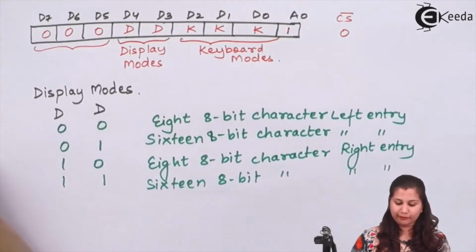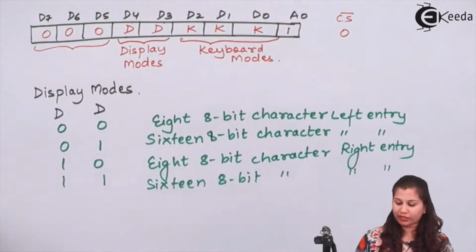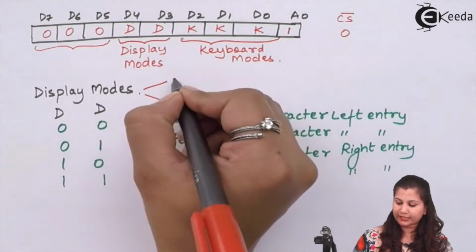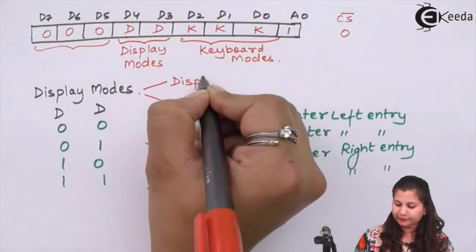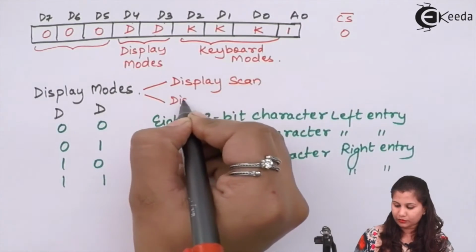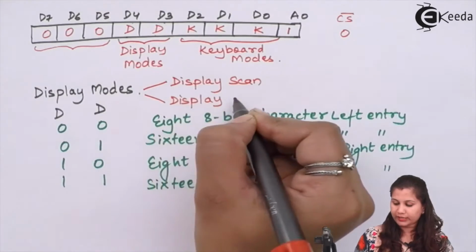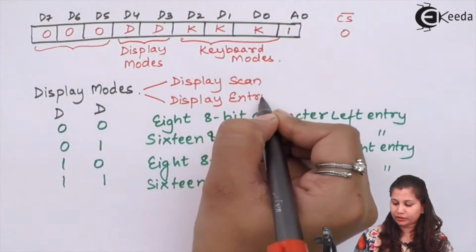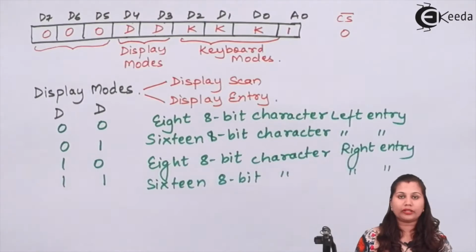In the display modes, we have 2 types of mode: one is the display scan and one is the display entry. This mode decides how the display data is going to enter the display screen.